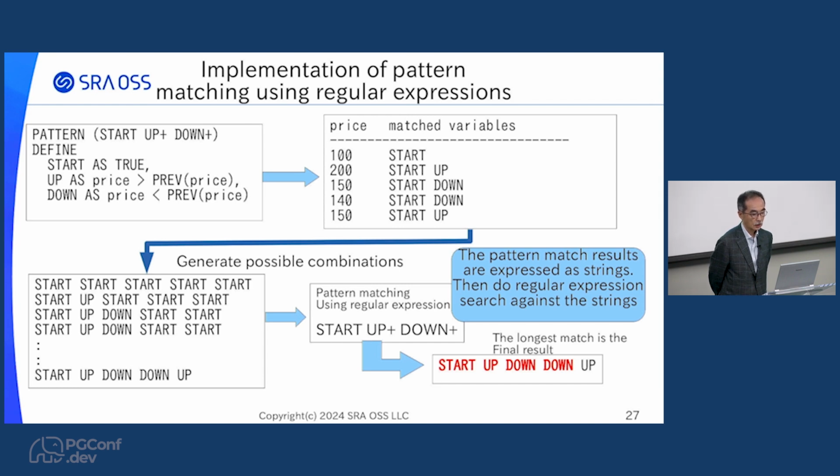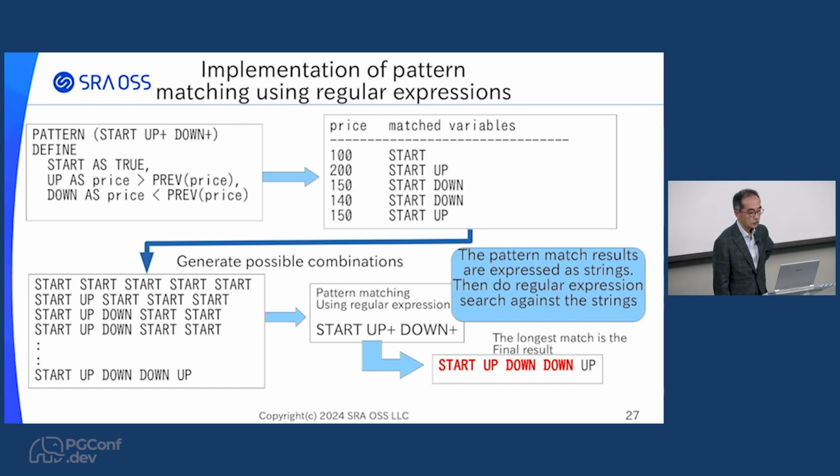And up and down are different because up might be applied to some rows, while the other pattern down can be applied to different rows. So basically, we have multiple matches for each row.